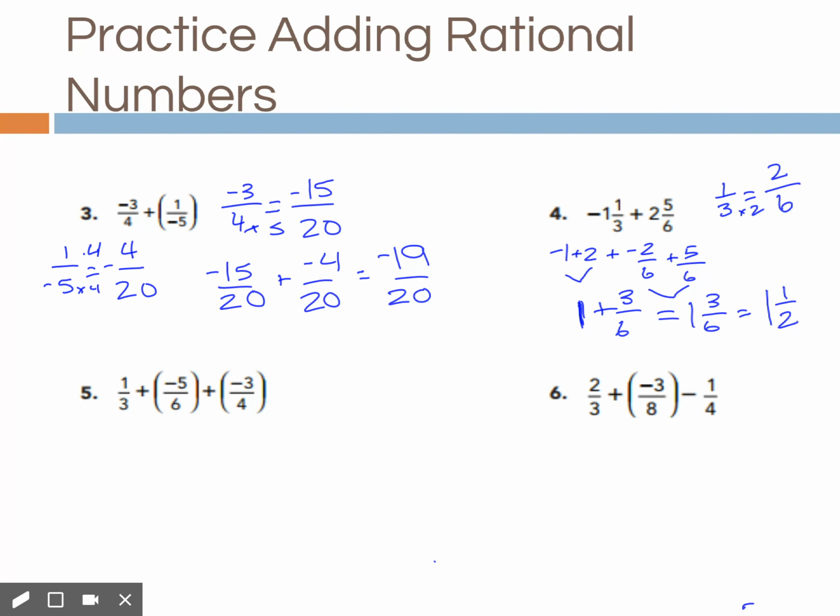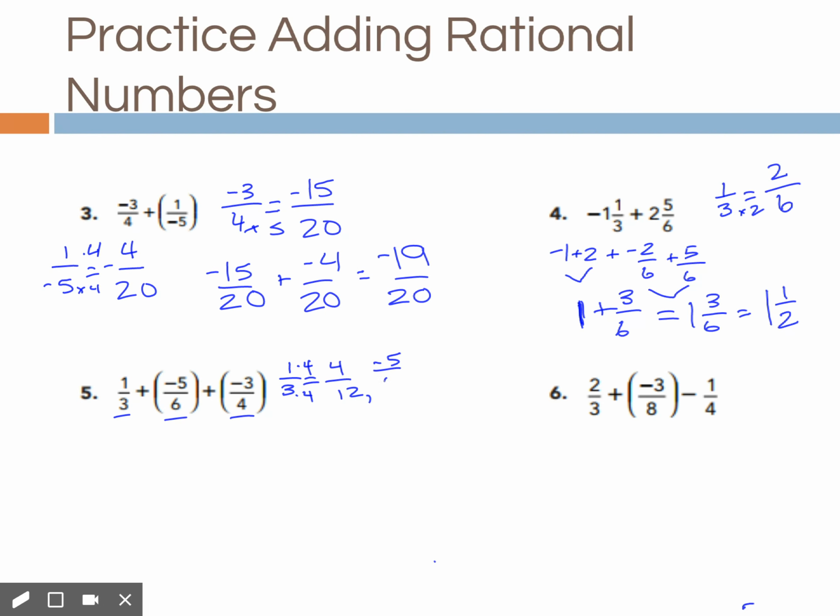Okay, number 5 and 6, we have 3 fractions added together. Again, nothing's changed except you need to make a common denominator for all 3. So 3, 6, and 4. So I'm using my basic multiplication facts here to realize that the least common multiple is 12. So 1/3 equals 4/12.